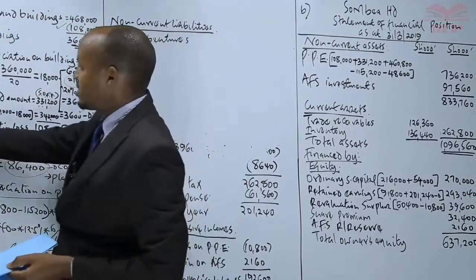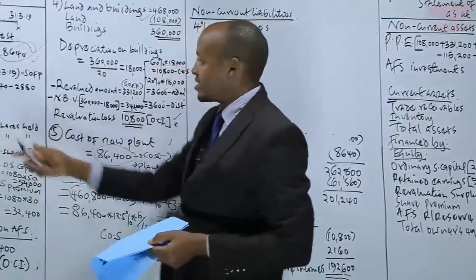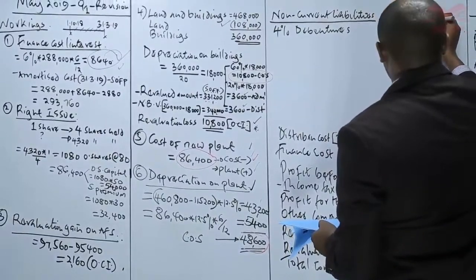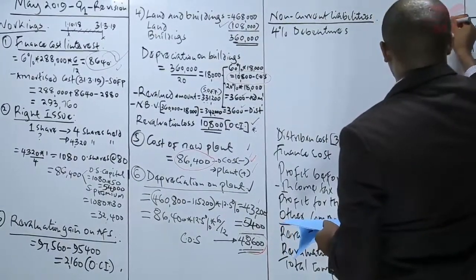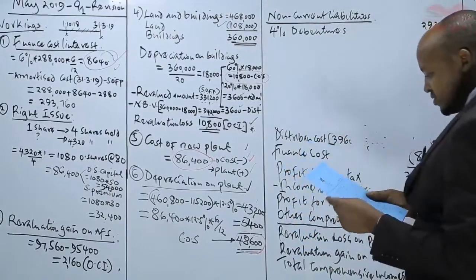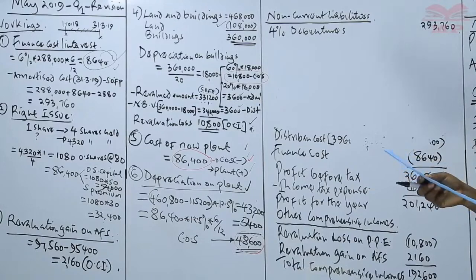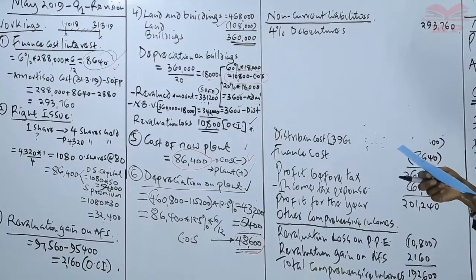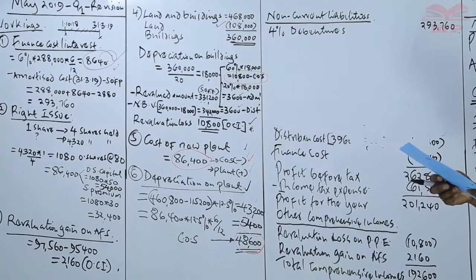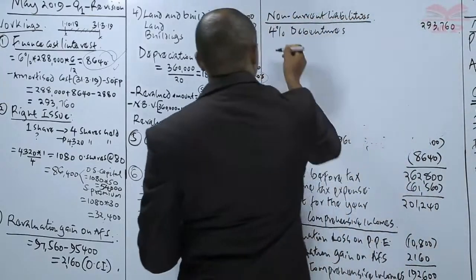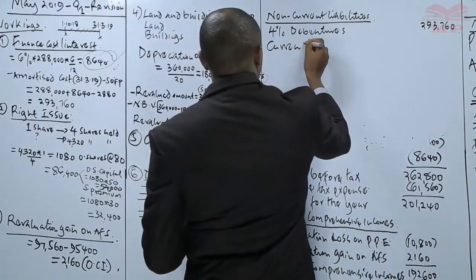In working one, we computed the amortized cost for debentures, which at the end of the year is 293,760. And then we check whether we have any other non-current liabilities. All liabilities have a credit balance, so we check the items on the credit side of the trial balance. Yes, and I think that is the only non-current liability we will be having. And then finally, we have the current liabilities.